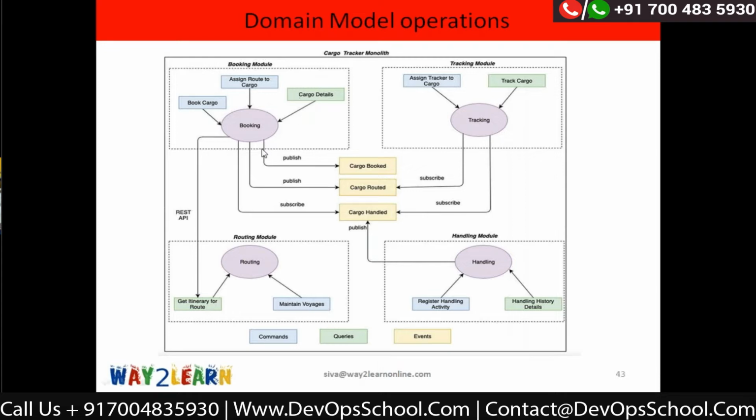So here my booking module is publishing a cargo booked event. And whenever a cargo is routed, it will publish a cargo routed event. The tracking module is subscribed to this cargo routed event, and it will update its tracking details, right? So cargo handled, these are the events, right?